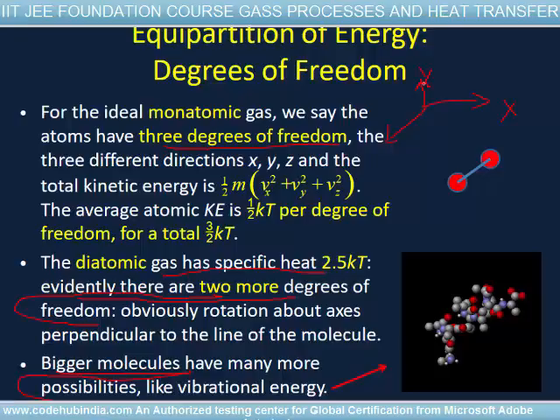Freedom means what? Three. But diatomic has degree of freedom 2. Obviously those 2 are perpendicular. If you could draw the orbital tree, the oxygen will play like this.